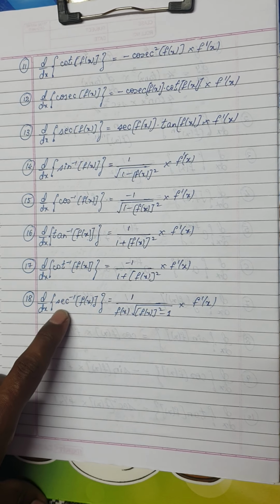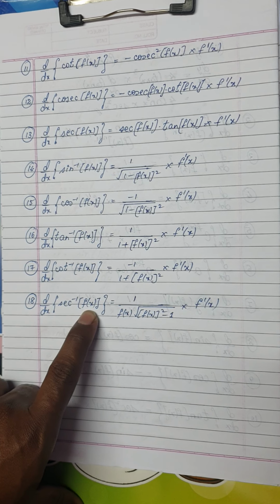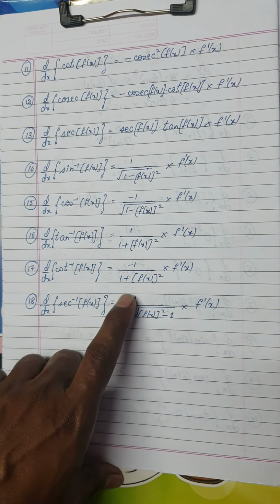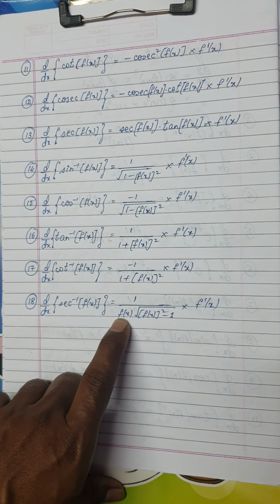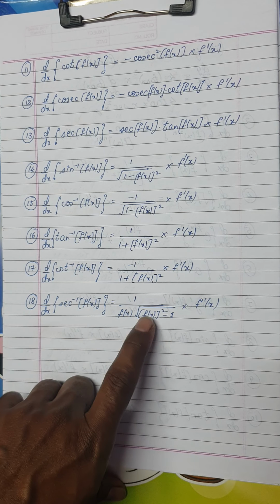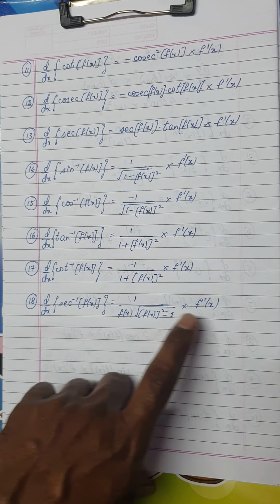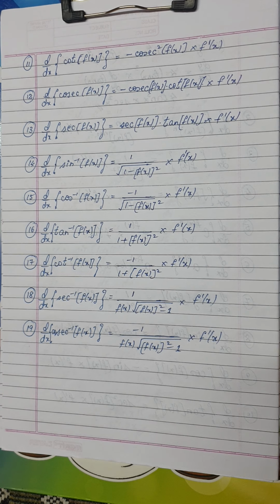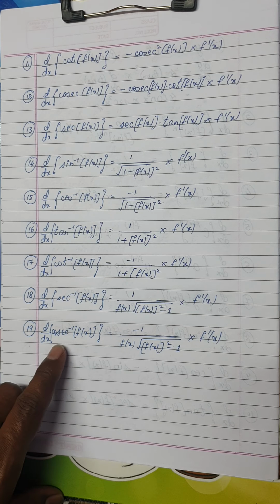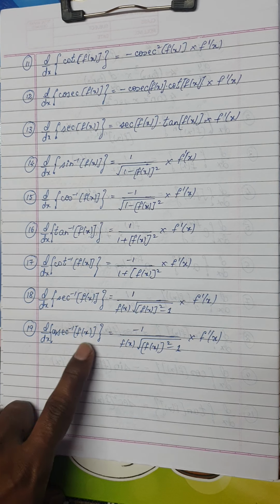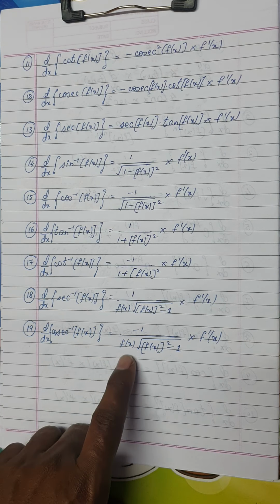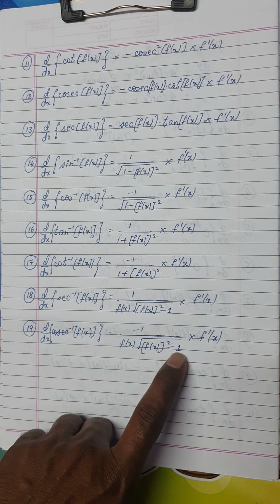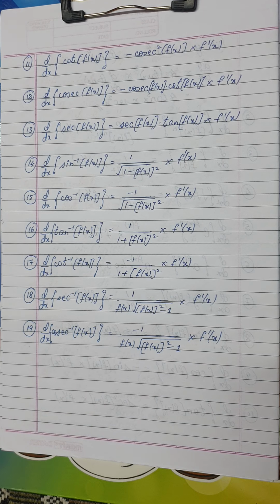So the derivative of secant inverse f of x is, remember, the derivative of secant inverse is 1 by x into root of x square minus 1. So 1 divided by f of x into root of f of x square minus 1 into f dash of x. So the differentiation of cosecant inverse f of x is minus 1 divided by f of x into root of f of x square minus 1 into f dash of x.